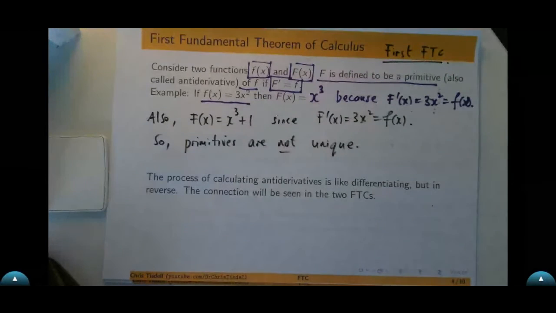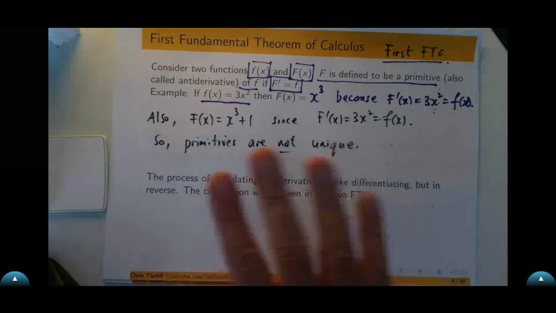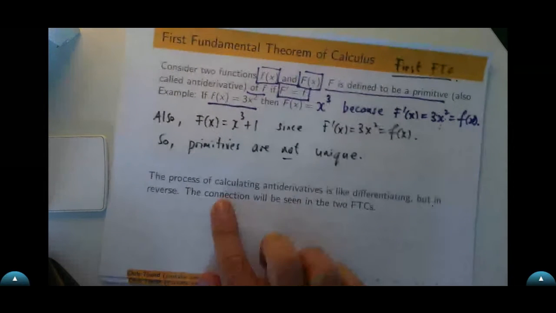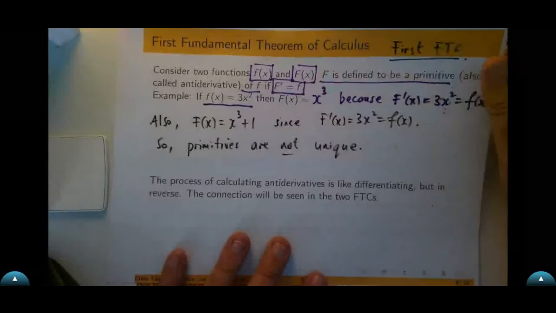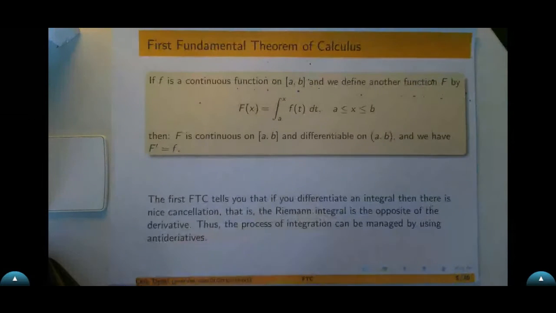All right, so the process of calculating antiderivatives is like differentiating, but it's in reverse, okay? And the connection will be seen in the two fundamental theorems of calculus that we'll see. Okay, so the first fundamental theorem of calculus, the big intro.